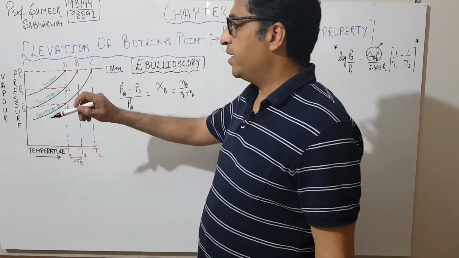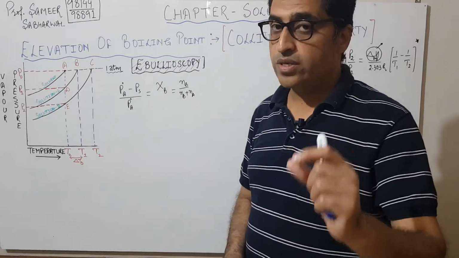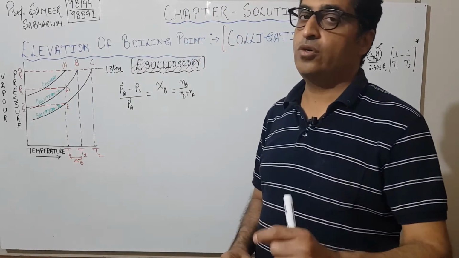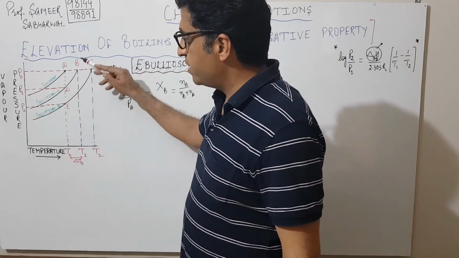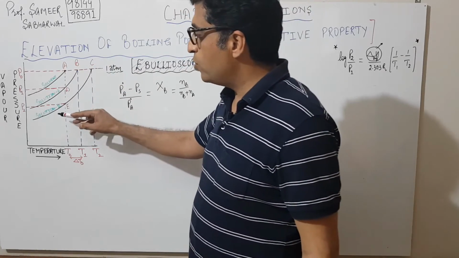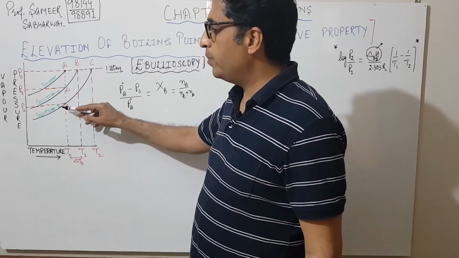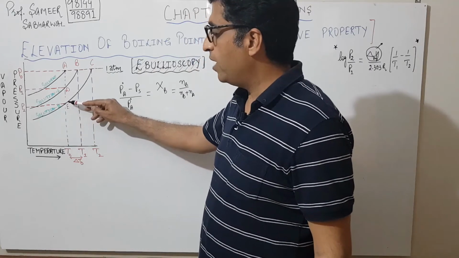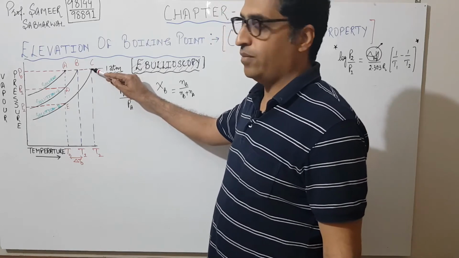So we can then analyze that there are three curves. First curve representing pure solvent, second solution 1 in which some non-volatile solute is added, and third case where more non-volatile solute is added to the same solvent. So if we see these graphs, we can easily compare that solution number 2 is showing the minimum vapor pressure, and definitely this solution will boil only when the vapor pressure of solution becomes equal to 1 atmospheric pressure.